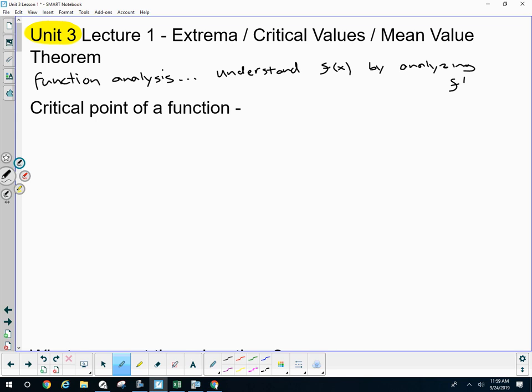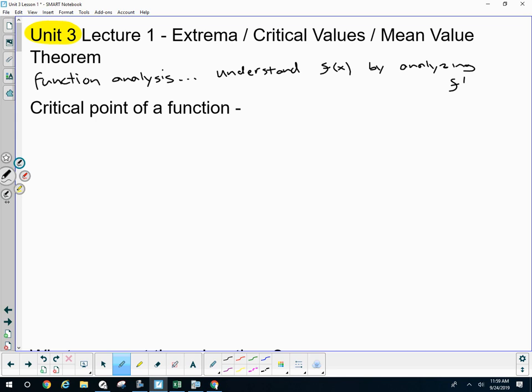We found tangent lines. We found when certain functions had specific tangent slopes or specific rates of change. Great. But most of the unit was just understanding that if I give you an f, you should be able to give me its f prime. We learned a lot of rules of, here's f, what is its f prime?